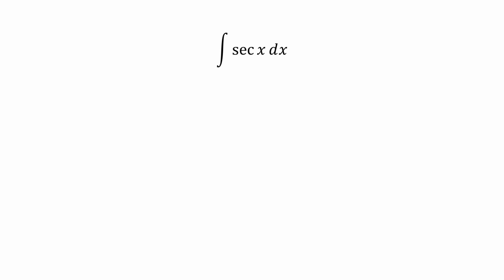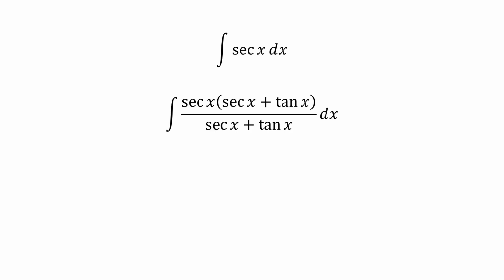Lastly, we evaluate the integral of secant of x dx. We begin by multiplying the numerator and the denominator by secant of x plus tangent of x. This gives us the integral of secant of x times secant of x plus tangent of x all over secant of x plus tangent of x dx.